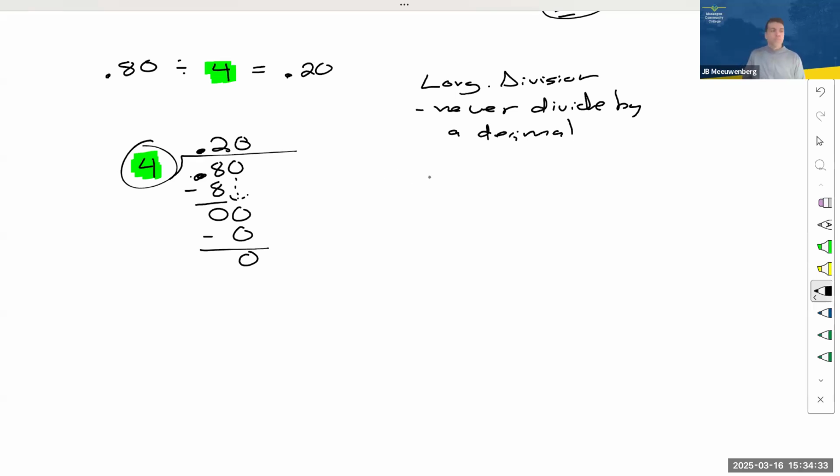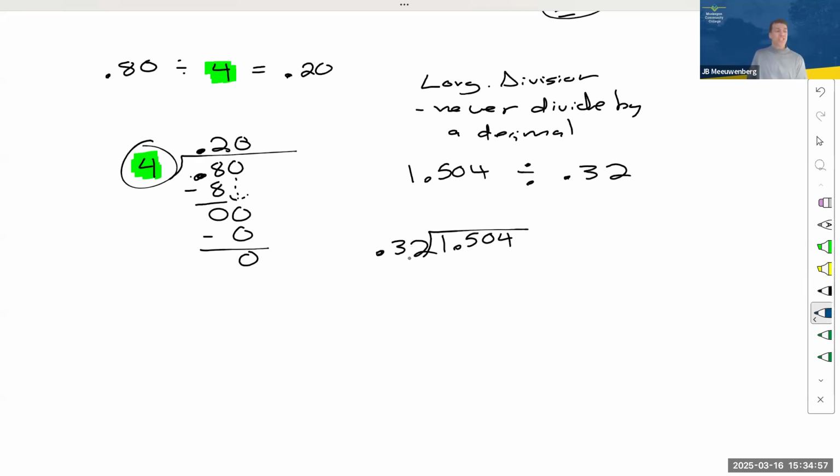Let's do 1.504 divided by 0.32. If we go to set this up with our long division, we would put 1.504, put our division bracket around it, and then put our 0.32 out here. We'll see that this is a decimal number on the outside.